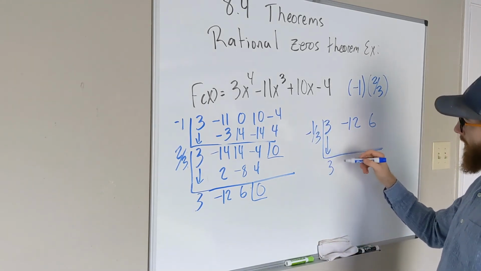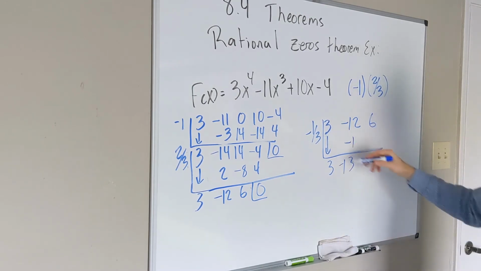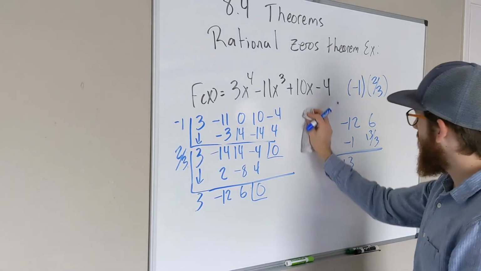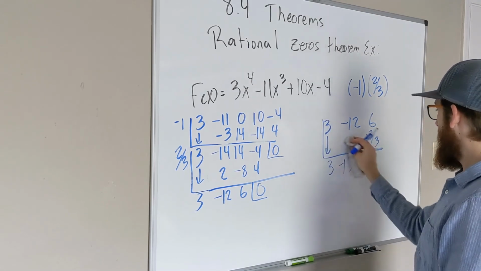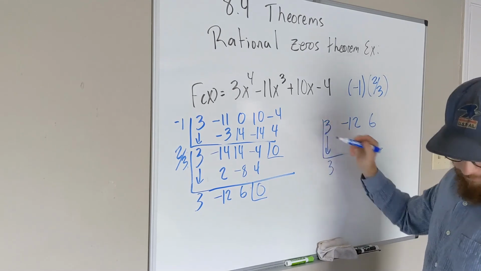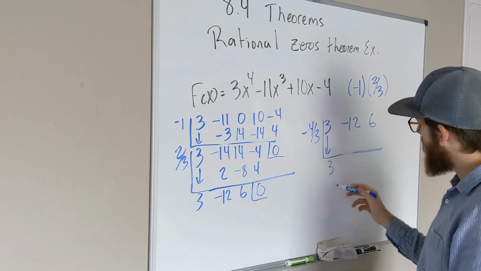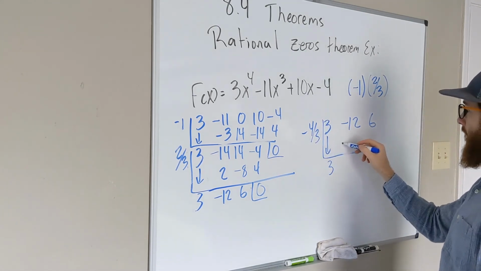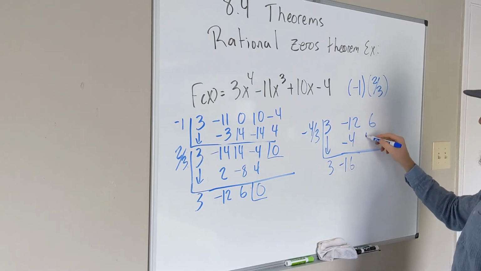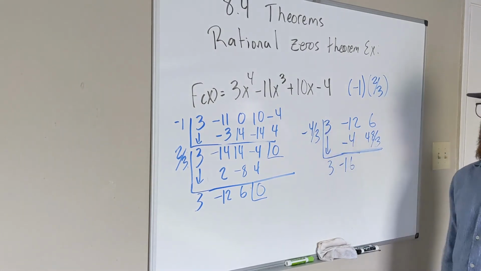So that would be negative 1, which would be negative 13, and that would just be 13 over 3. Well, that doesn't work either. So our last option is negative 4/3, I believe. Negative 4/3. That would be negative 4. That'd be negative 16, and that's 48/3. And so as you can see, this one didn't work either.